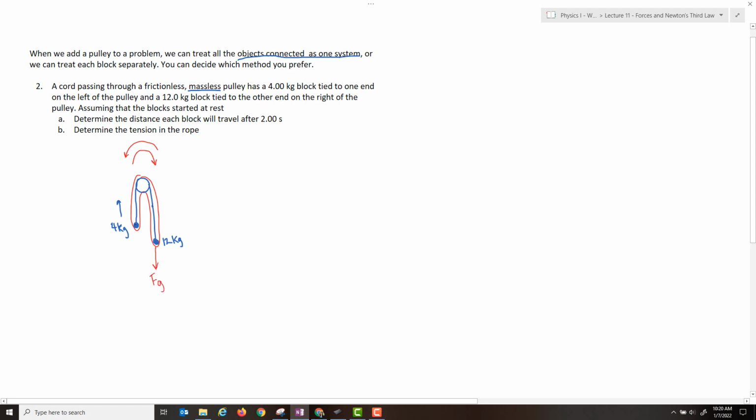So I'm going to call this one A and this one B. So this is the force of gravity of B. And then for the 4 kilogram object, we have the force of gravity of A.